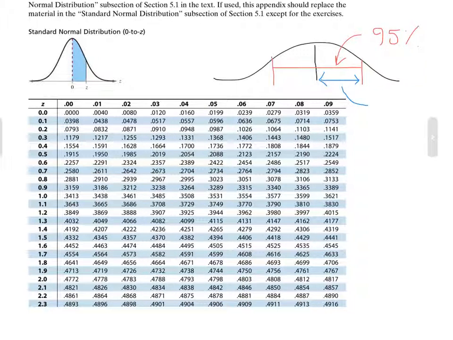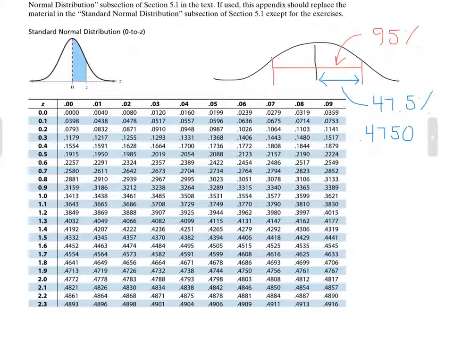So half of 95% is 47.5%. So what we need to do is find the z-score that corresponds to an area between 0 and it equal to 0.4750.